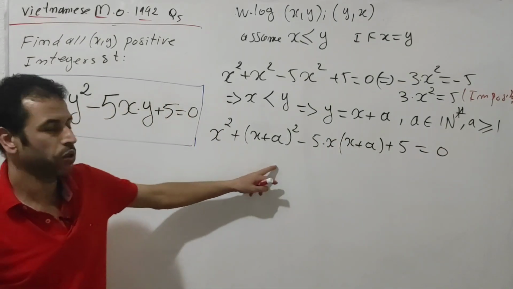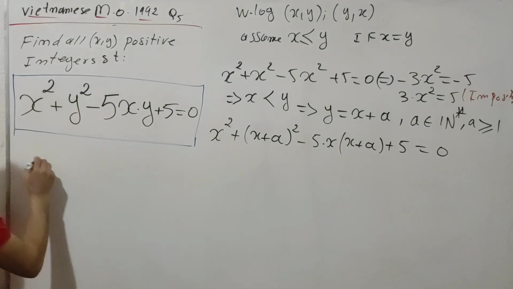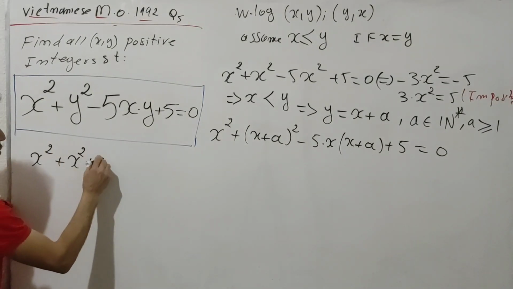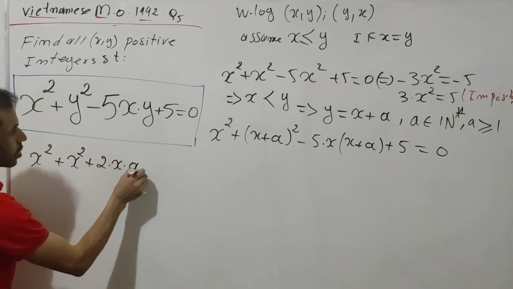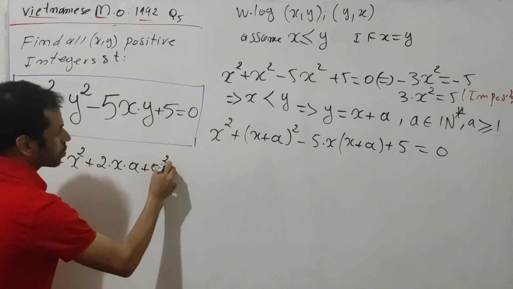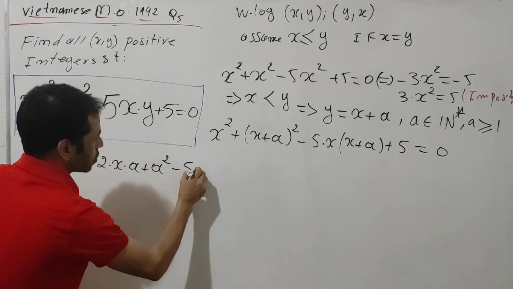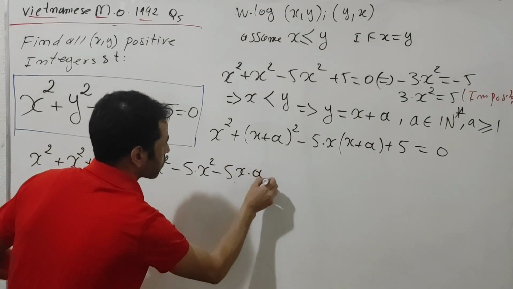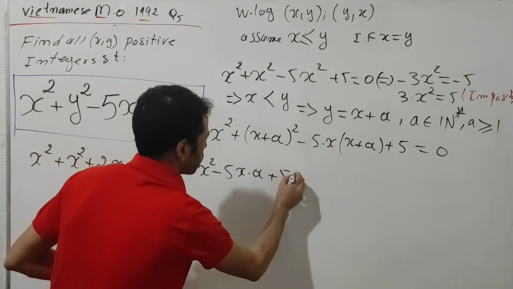Now I'm going to distribute this. I will have x squared plus x squared plus 2xa plus a squared minus 5x squared minus 5xa plus 5 equals 0.